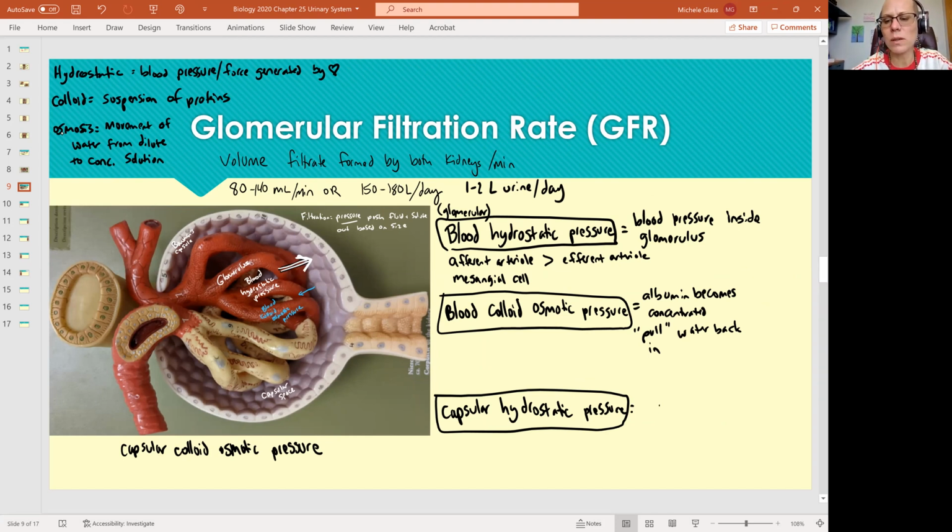Some fluid is present in the capsular space. I suppose if you're dehydrated, then this space might be empty, right? Depending on level of dehydration.